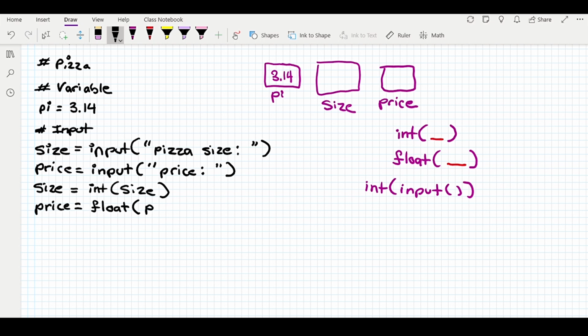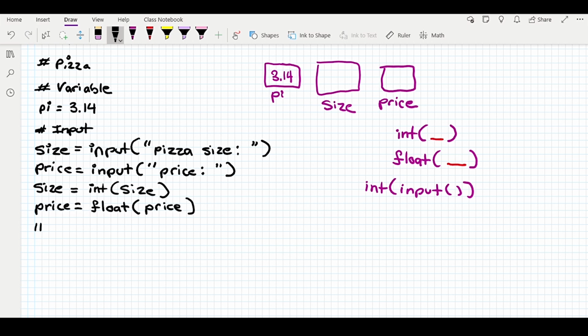So let's say price equals float price. Now, this is the input section of the program. We wanted to get the size and the price of the pizza and convert those into types that we can use in our program. Next up, we're going to do some math.